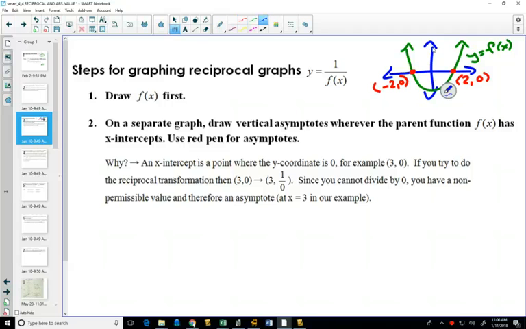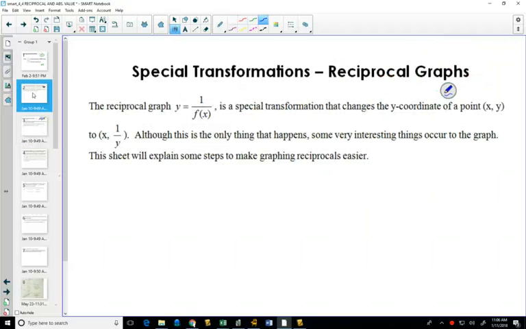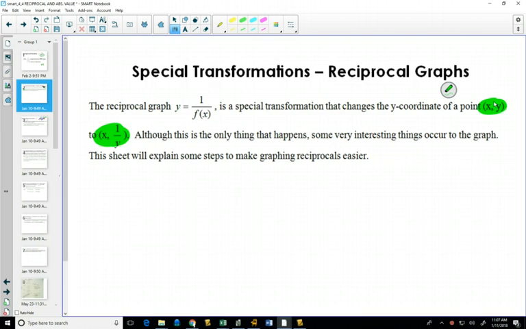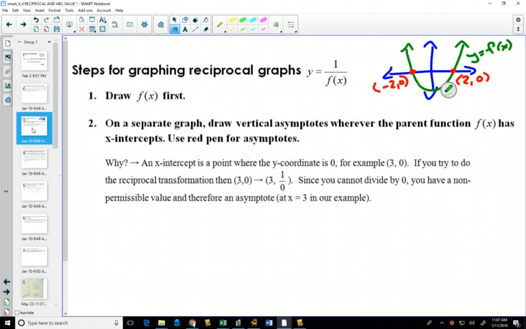The main rule of a reciprocal graph is that you change any point's y value to 1 over y. So what happens when my y value is 0 and I change it to 1 over 0? That's going to be bad, right? That's going to be a non-permissible value.